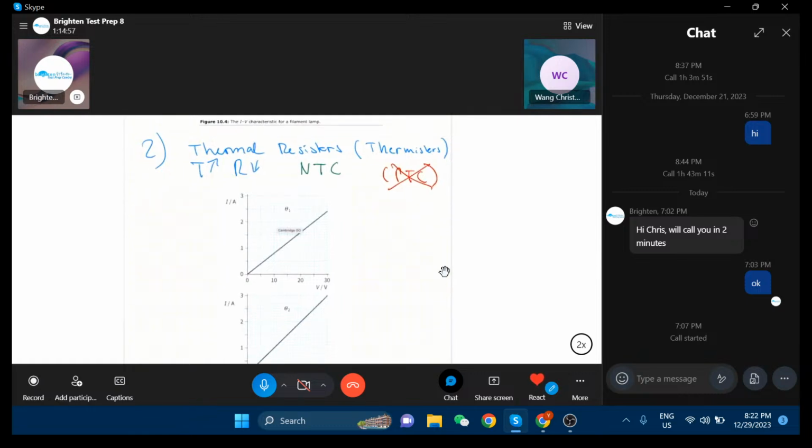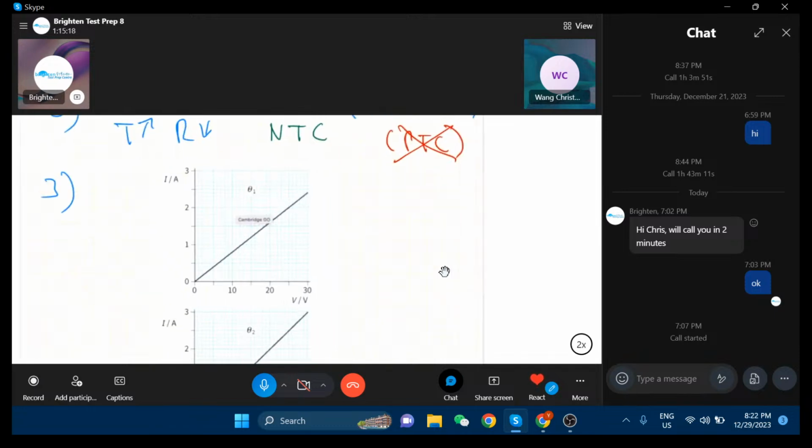Okay, so now this one is something else. The third, what we look at here is we have two different wires or metals, two different types. Or you may say, same thing in the end, we have a wire at different temperature.